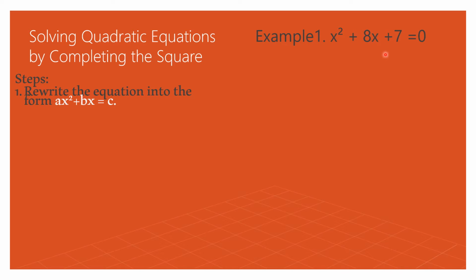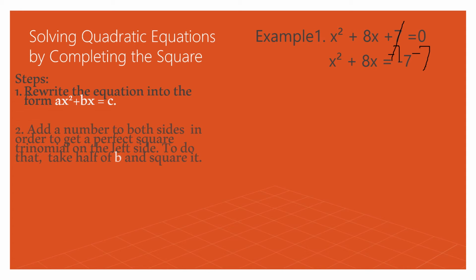So ayan, hindi pa nakasulat. So kailangan ilipat natin yung 7 sa kabilang side. To do that, mag-add tayo ng negative 7. Para ito maging 0, ang magiging equation na ngayon natin ay x squared plus 8x is equal to negative 7.